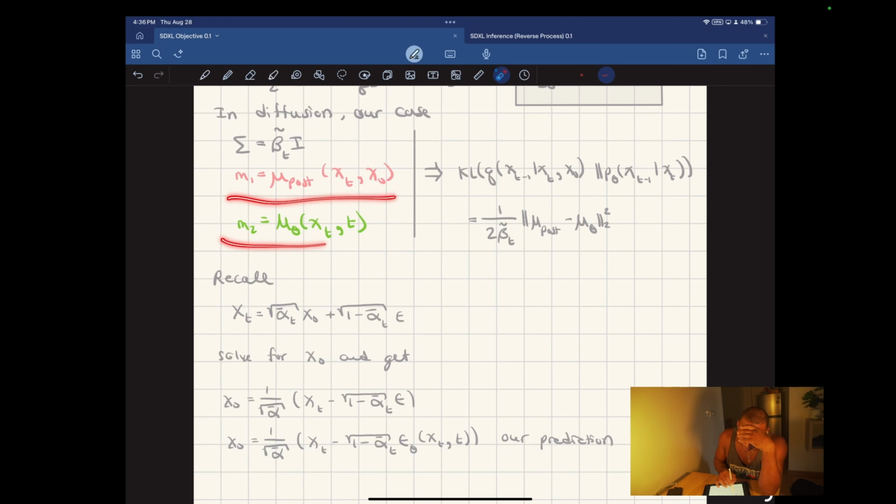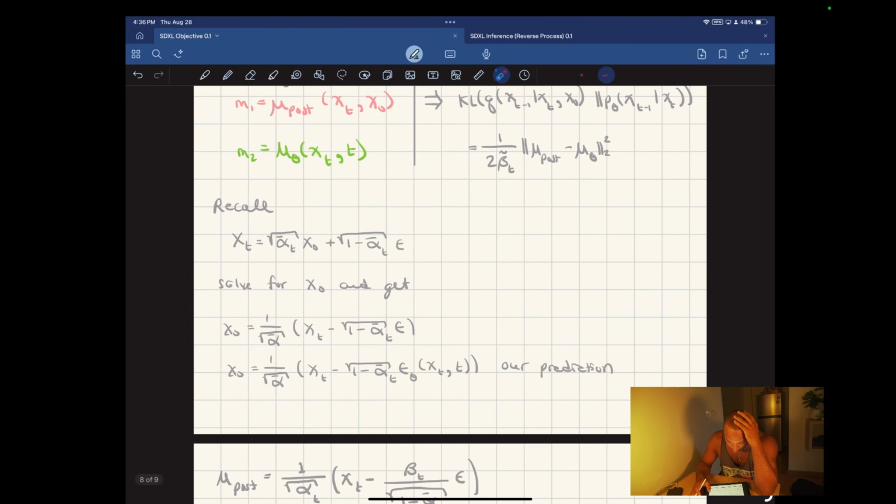I'm still color coding them so you can refer back to them in their original places. So mu post, mu theta, all right? So we have a squared L2 norm of the difference between the mean of the true posterior minus the mean of the predicted posterior, the model's prediction.